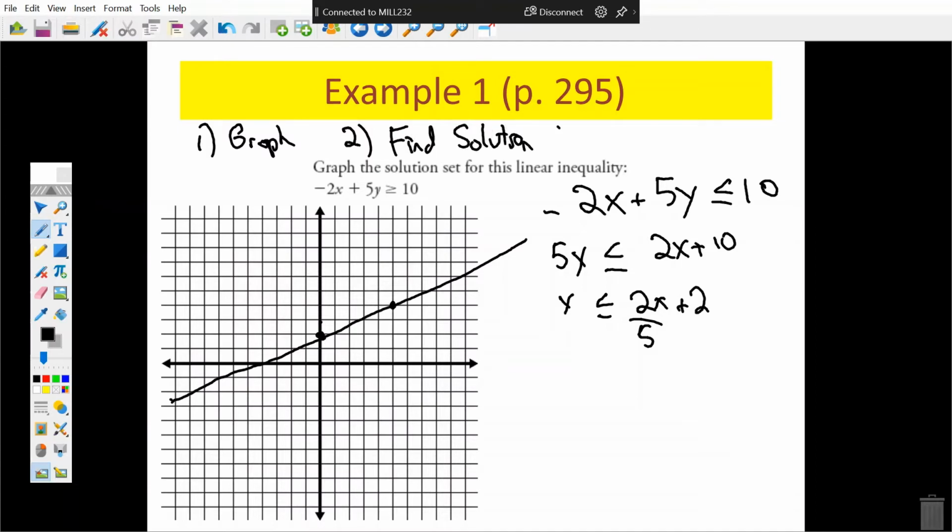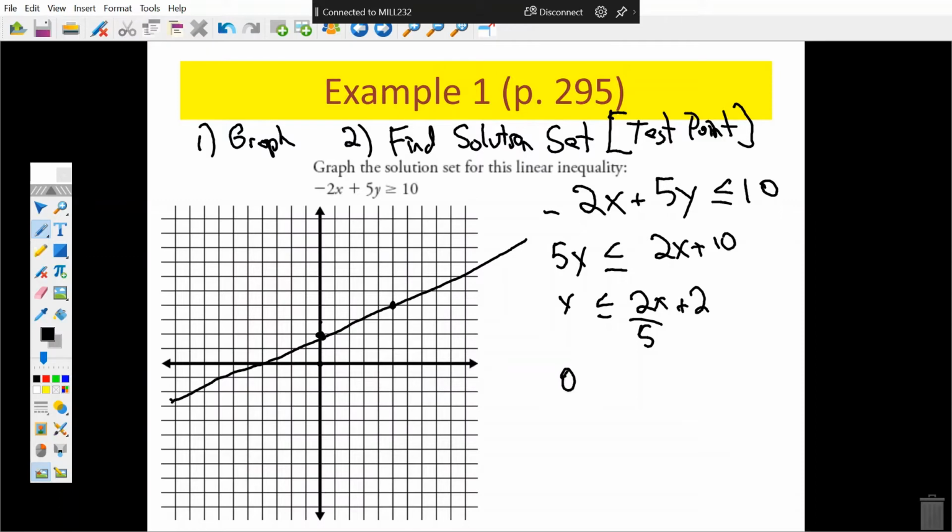And that's where we use the test point. Okay? We can use any test point we want on the graph as long as it's not directly on the line. So we can use 0 and 0, as 0 and 0 is below the line. So let's plug in 0 for x and 0 for y.